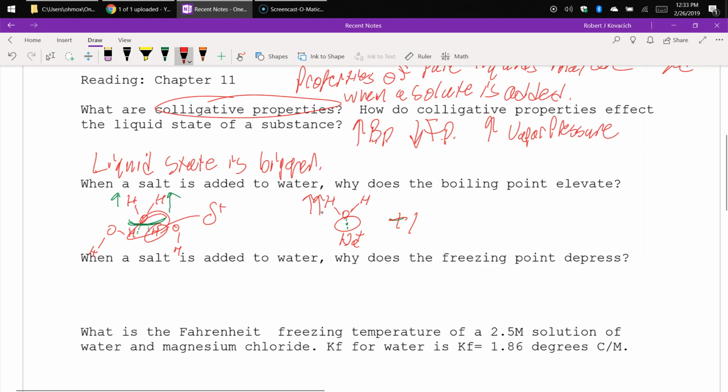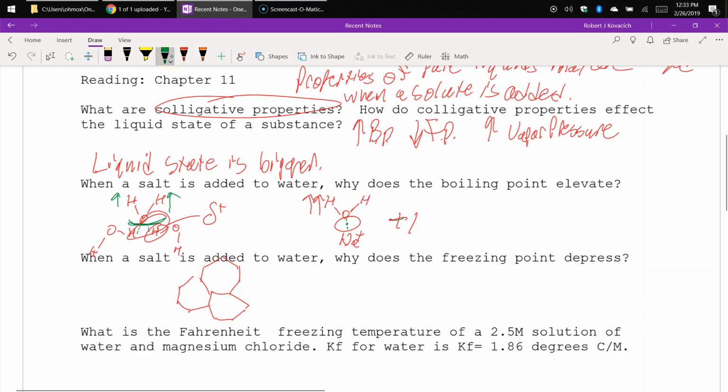Freezing point depressed. Okay, so water molecules form these nice hexagonal structures that interlock with each other. Obviously not a good drawer. Anyway, in each of these water molecules, there's a hydrogen and an oxygen forming an intermolecular force.